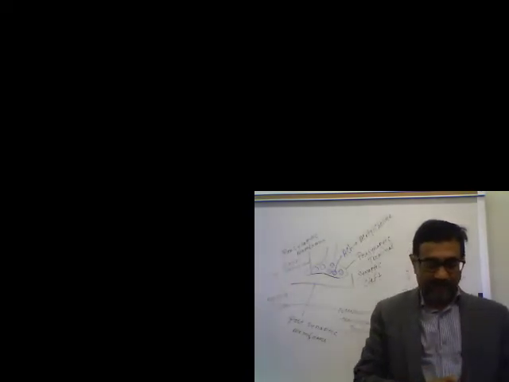Acetylcholine, or ACH for short, is a neurotransmitter or neurochemical. That is the presynaptic terminal. On the postsynaptic membrane, you have many receptors.